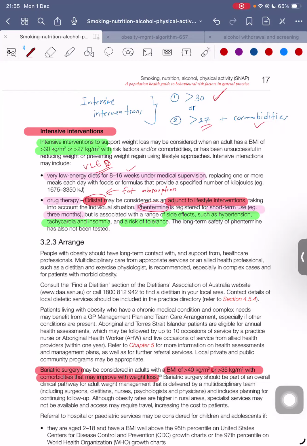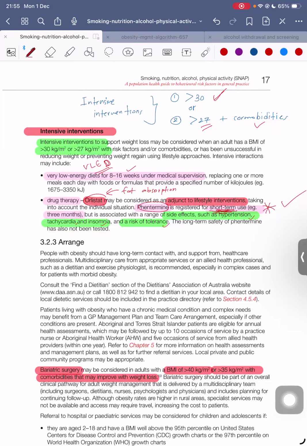This is a good drug for fat absorption, and phentermine is registered for short term use, like 3 months, but associated with a range of side effects like hypertension, tachycardia, insomnia, and risk of tolerance.